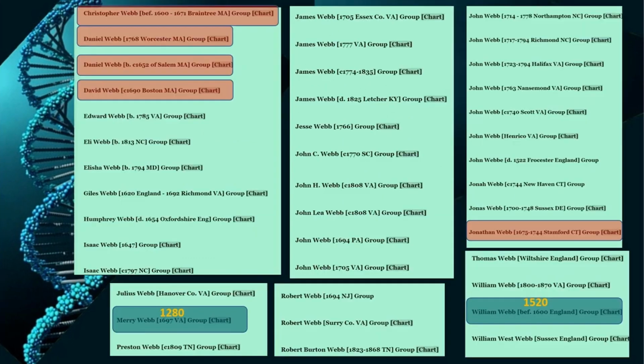So now here are all the different groups. And we're down here in the William Webb before 1600 in England. That's 1520, when we probably have our English line back to. Except there wasn't enough data.